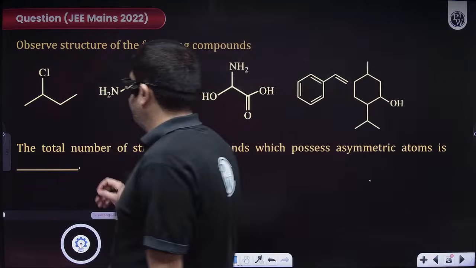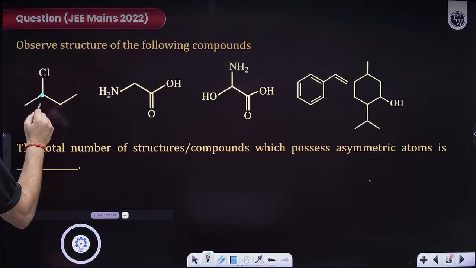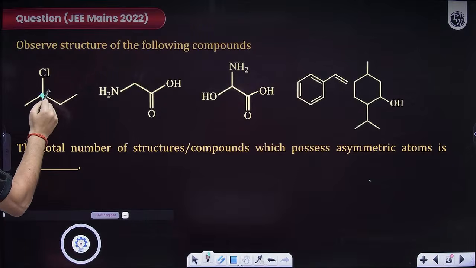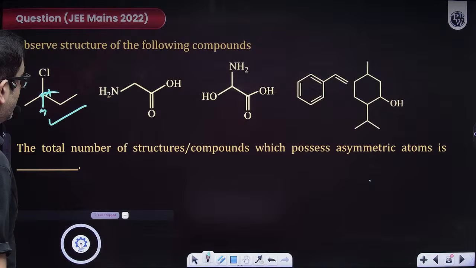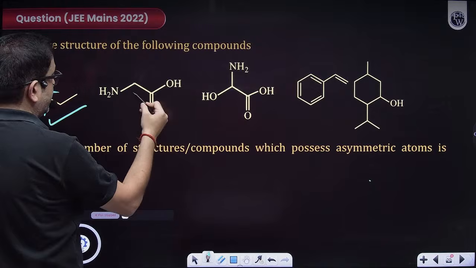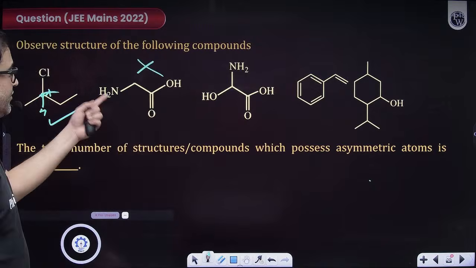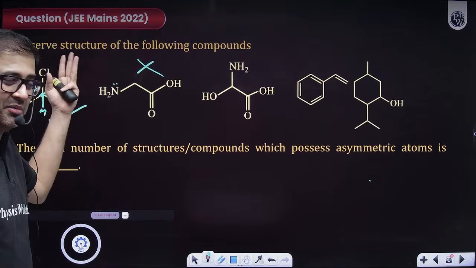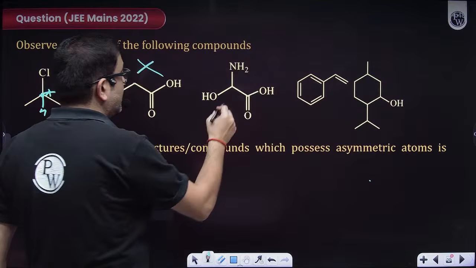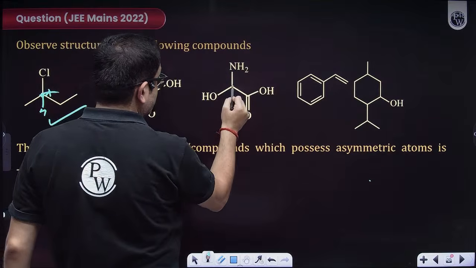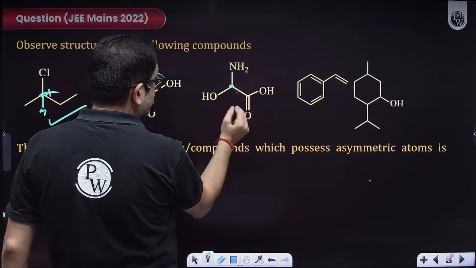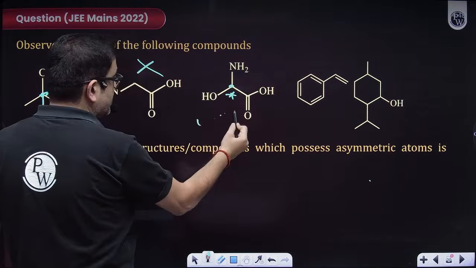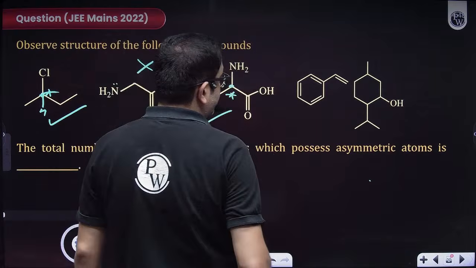Chalo, so sir, this is obviously chiral, because Cl, H, methyl and ethyl. Then you have CH2, then nothing, because nitrogen's lone pair obviously does flipping, and the two groups here are also the same. So do not see nitrogen. Yes, sir, this carbon has NH2, OH, this carbon, and hydrogen. So this is also a chiral center.